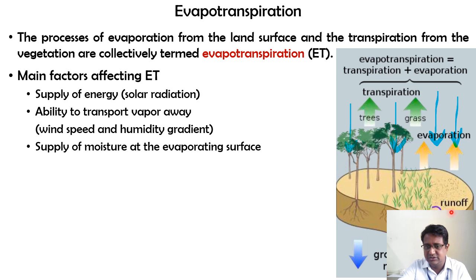Imagine this as the catchment area. Whenever this rainfall is occurring, what will happen? This rainfall will fall randomly on the plants as well as on the soil. You have grass, and even boulders, for example, big rock boulders, imagine that. It will fall randomly on whatever things are present on the earth surface. So your water is going to fall on that.